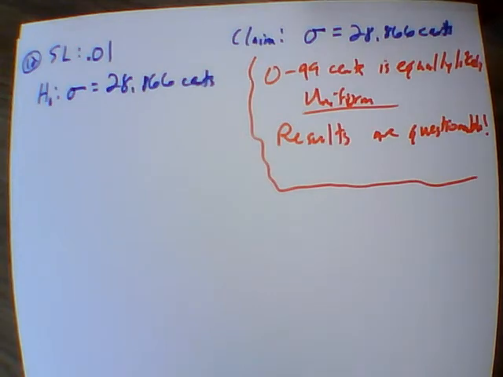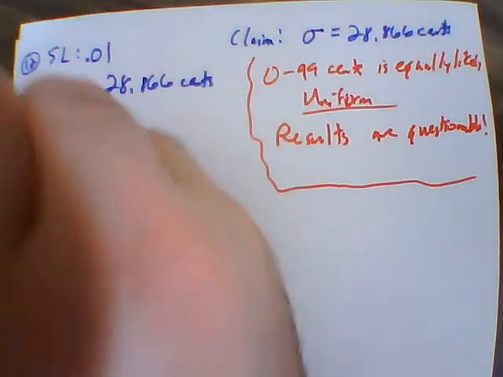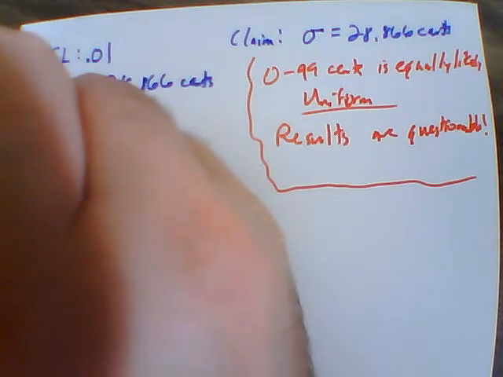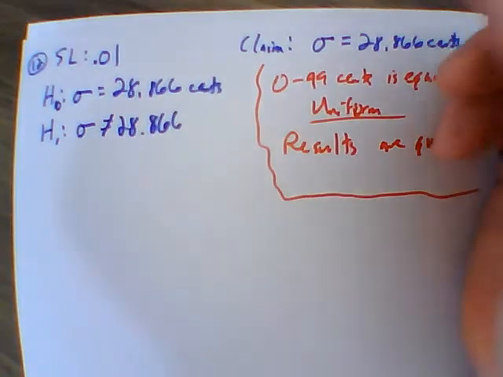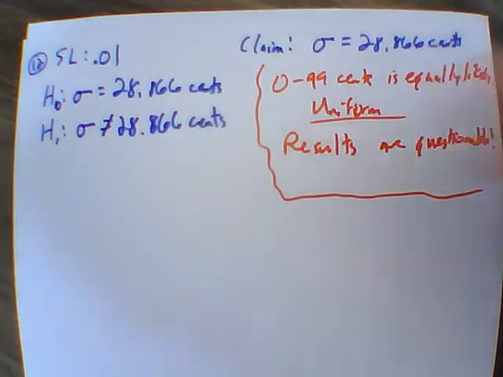Basically, we will either show signs that it's not true, or we won't show signs that it's not true. Once again, that whole double negative type stuff, because we can't support it since it is part of our null hypothesis. That means our alternative hypothesis, because this is the claim, is going to be everything outside of that claim. So it is a not equal to. So now we have a two-tail test that we're referencing.